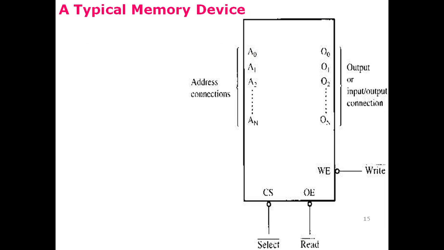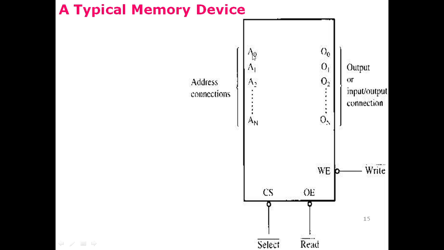A typical memory device is given here. In this example, we see a typical memory device, and each memory device has a set of address connections, designated A0, A1, A2 until AN.